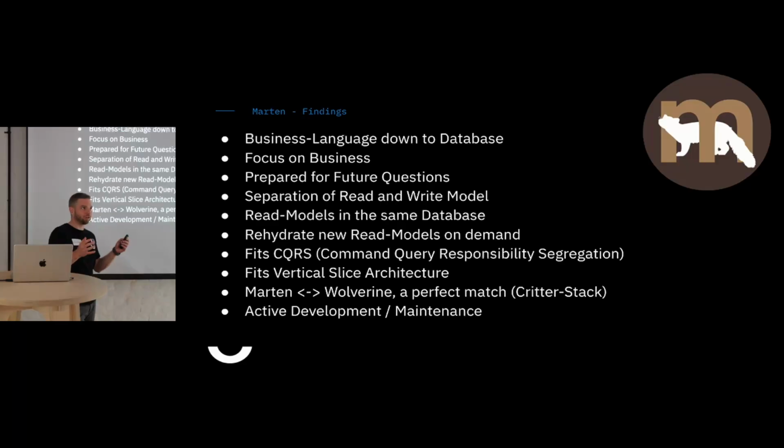So we can imagine Marten is handling the stuff inside of one service, but if we want to communicate in our service, but also to the outside world, then Wolverine will support this heavily.